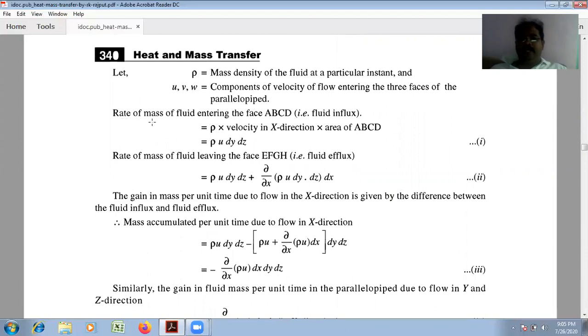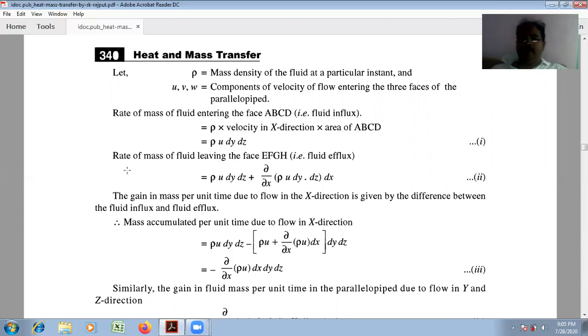We all know the rate of mass of fluid entering the face ABCD is rho into velocity in x direction into area of cross section. So it is rho u dy dz, where rho is the density, u is the velocity in x direction, and area is dy dz.